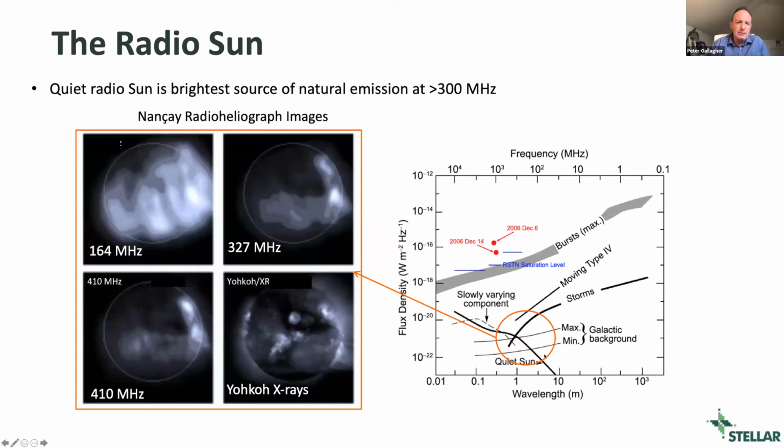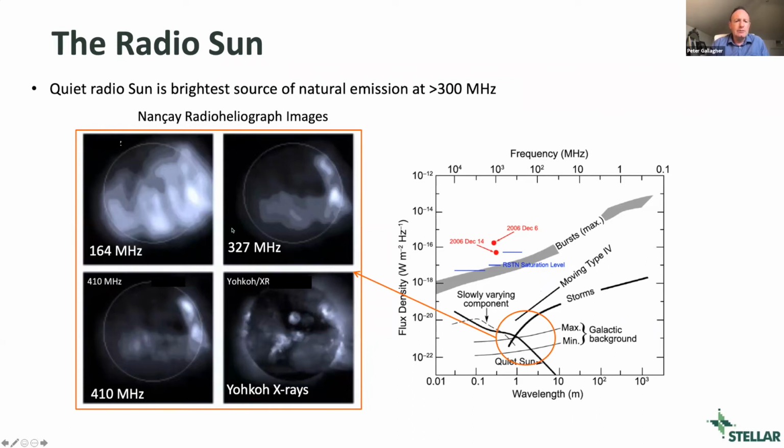The quiet sun emission will jump by several orders of magnitude during a radio burst, and it can far outshine other astronomical sources such as the galactic background and many other radio sources. So astronomers aren't always very happy with these solar radio bursts, but they are extremely bright, particularly during flaring emission.